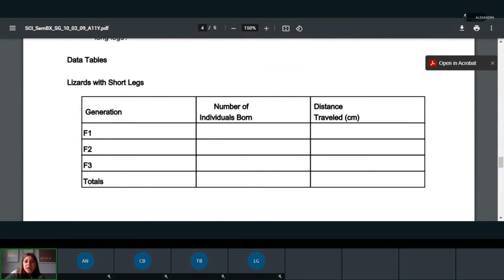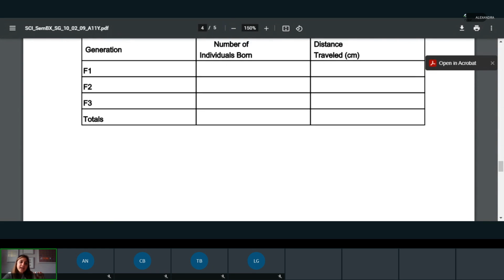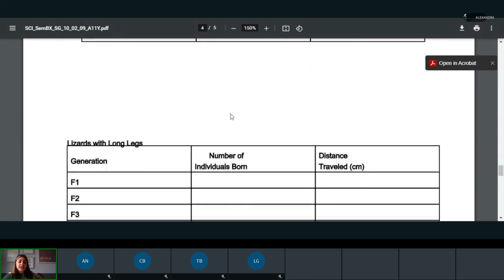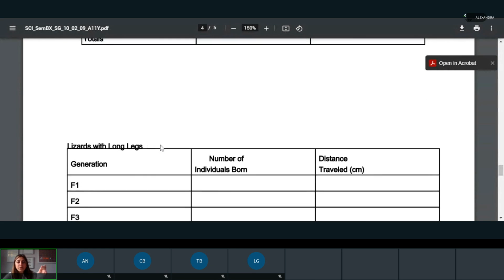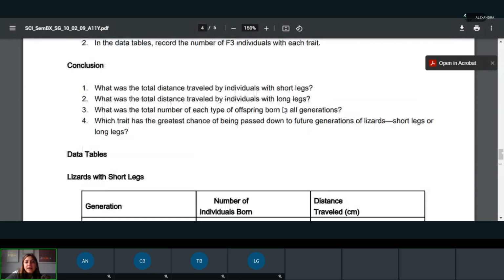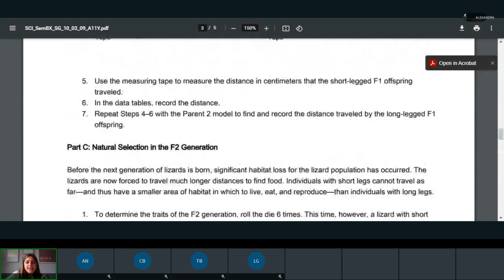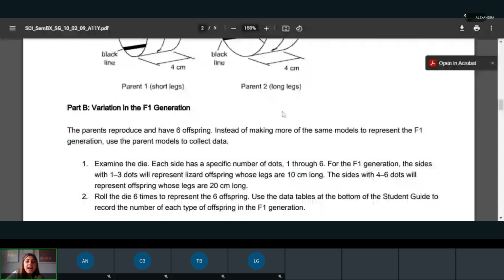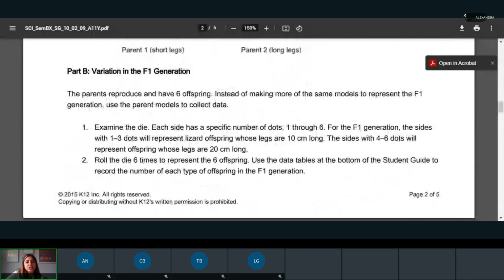Okay, so again, for the F1 for short legs and F1 for long legs, we are going to roll the die. Anytime that it lands on 1 through 3, that is going to be for short legs. And that means that offspring is going to have short legs.